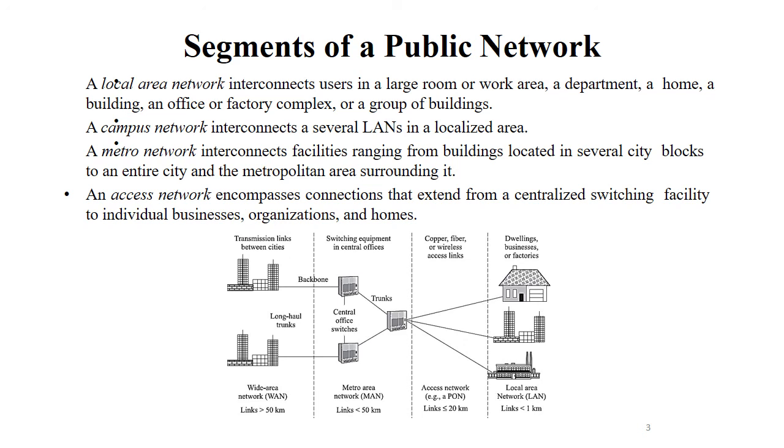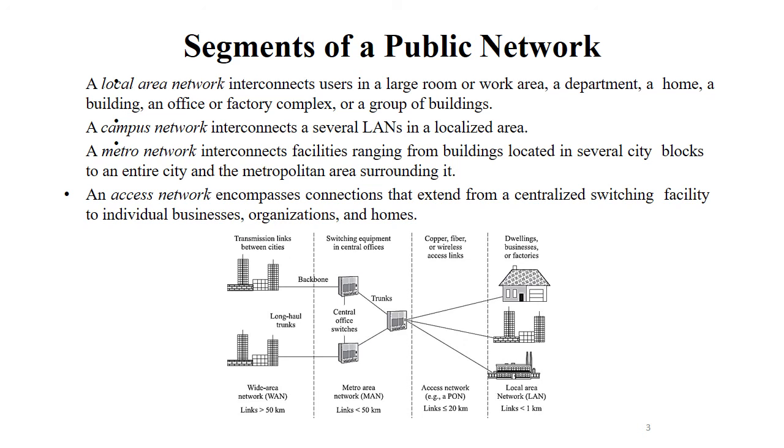The next one is a campus network. It interconnects several LANs in a localized area. It is also known as a local area network, that is LAN. Examples are a residential complex or even a university campus, where the subscribers can transmit or receive data randomly from any one of the stations connected to the network.